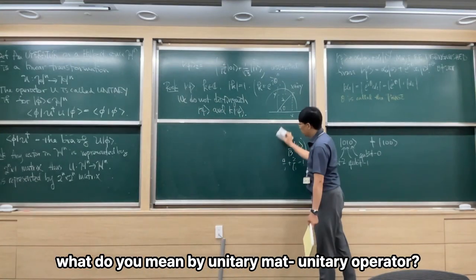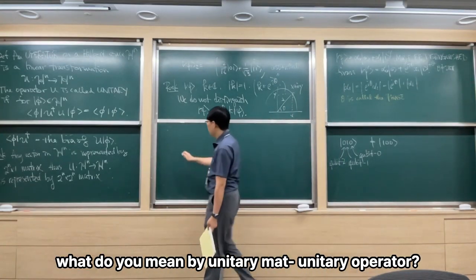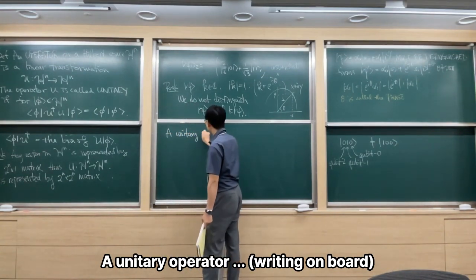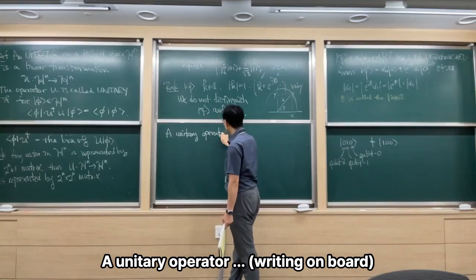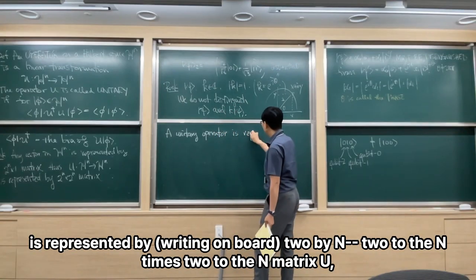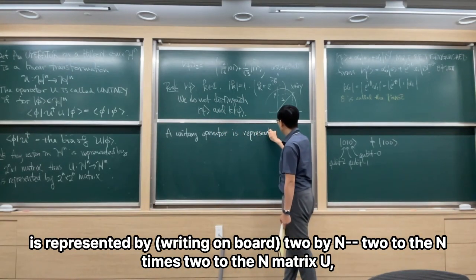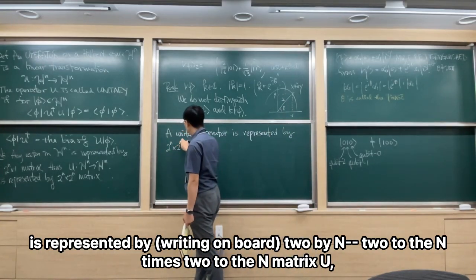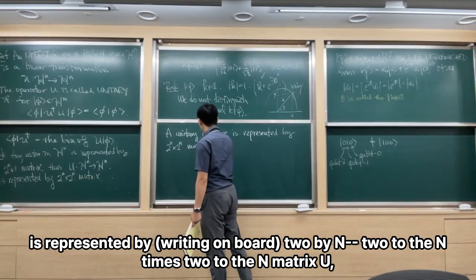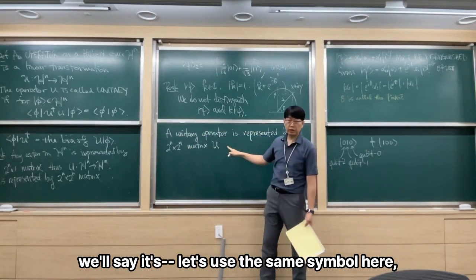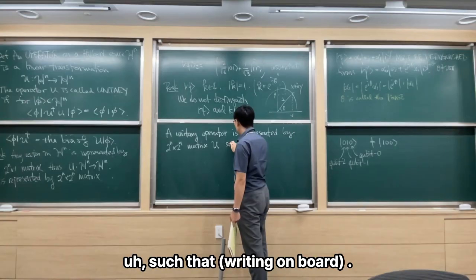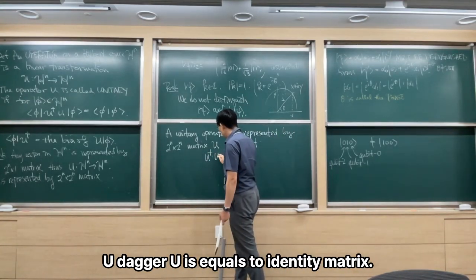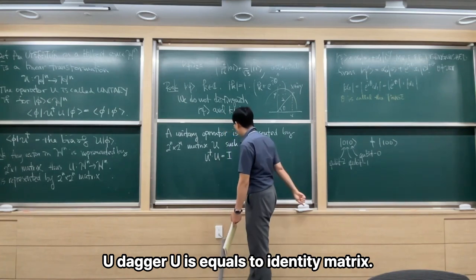And what do you mean by unitary operator? A unitary operator is represented by a 2 to the n times 2 to the n matrix U. Let's use the same symbol here, such that U dagger U is equal to the identity matrix.